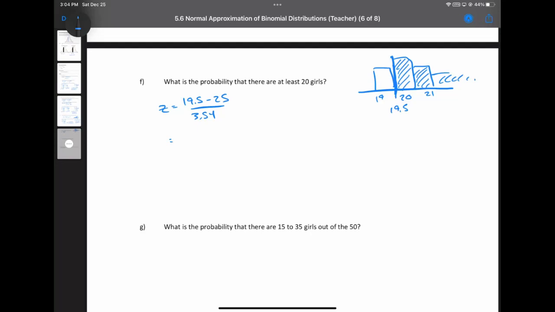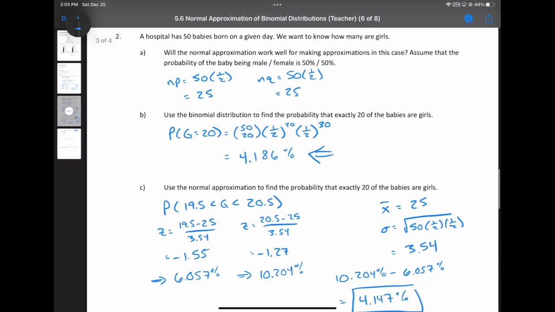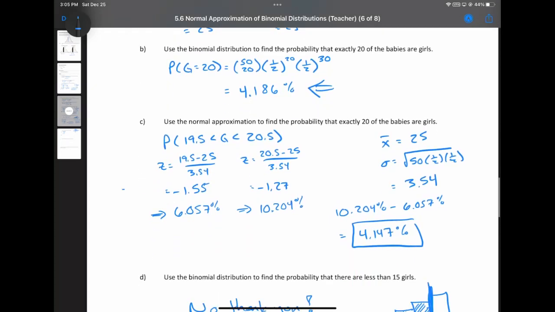And that is negative 1.55. And this is looking familiar. We actually, I think, did this one earlier in the problem. And when I did that one earlier in the problem, oh yeah, here it is, right here. Negative 1.55, we got 6.057%.